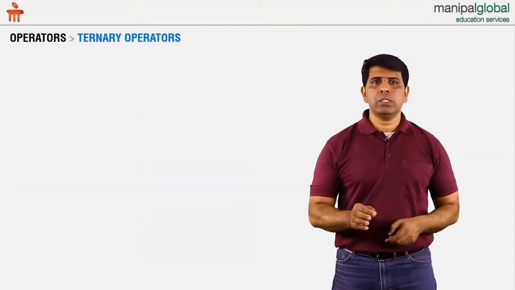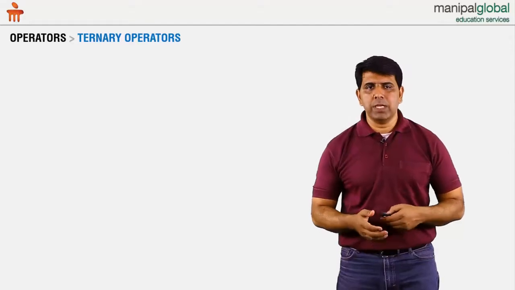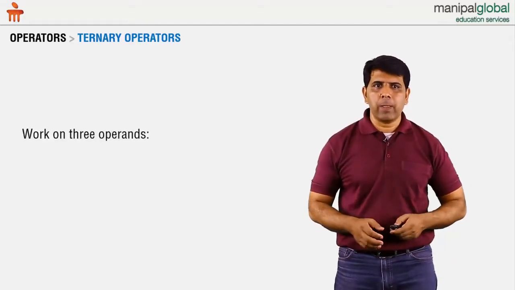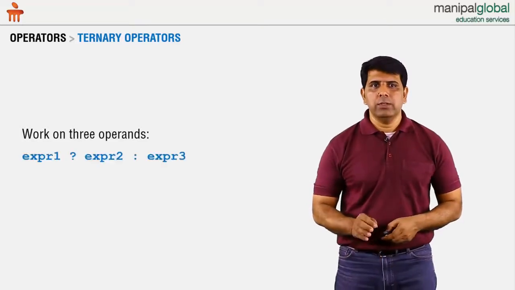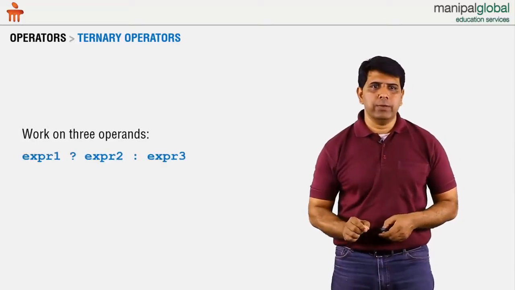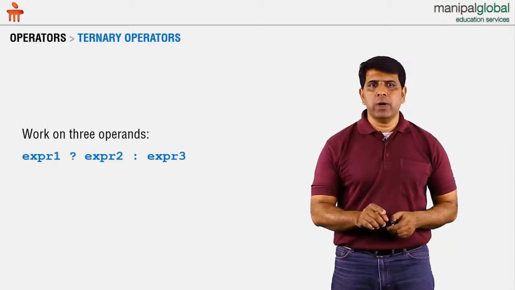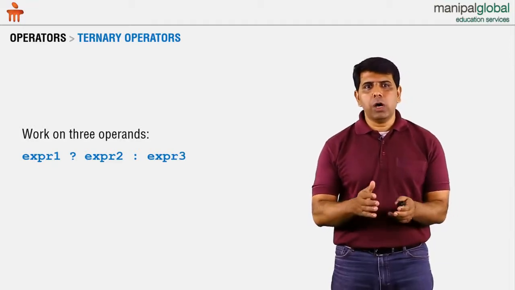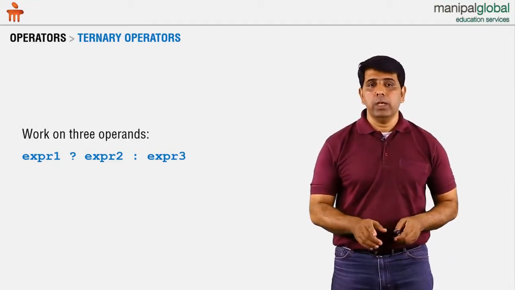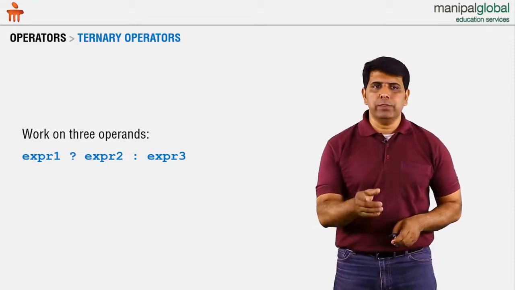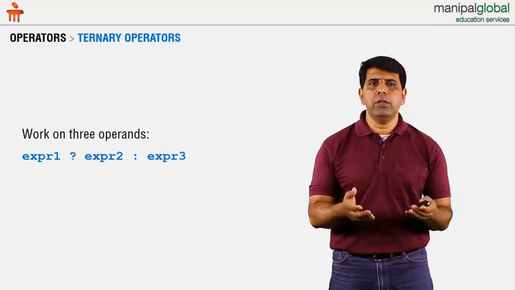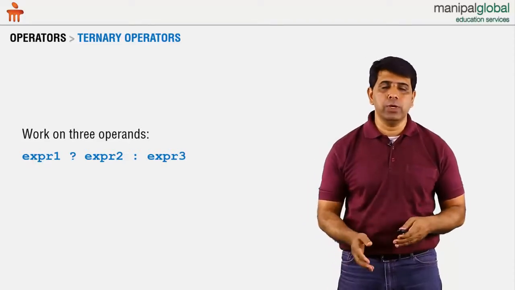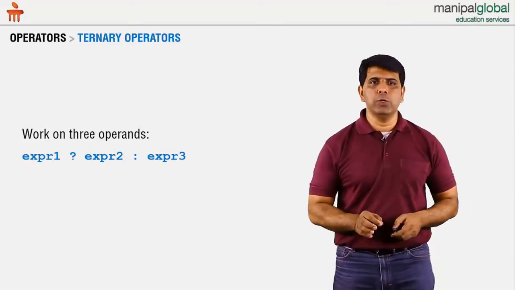Now this is quite common to people who come from a C background, which is the ternary operator. It works on 3 operands. This is the only one that has that. So there is a question mark and colon included. EXPR1, or expression 1, is always supposed to be Boolean. In C and C++, they can be numerics as well, evaluated as false and true based on 0 and non-zero. But in Java, you have to use Boolean.